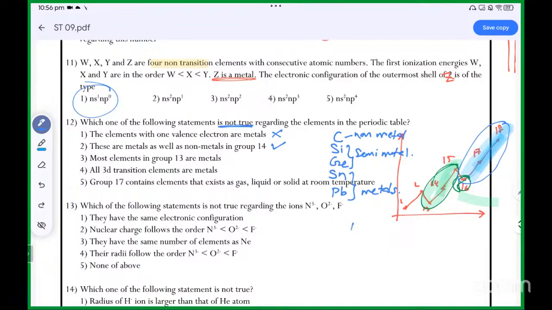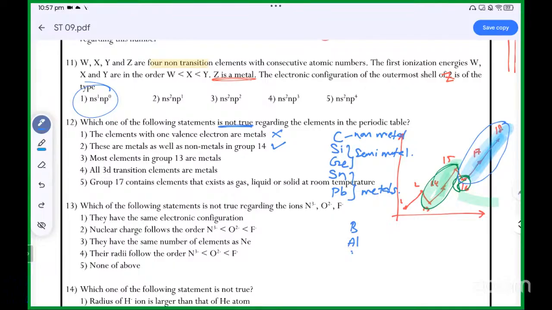So group 13 is boron, aluminium, what is next one?